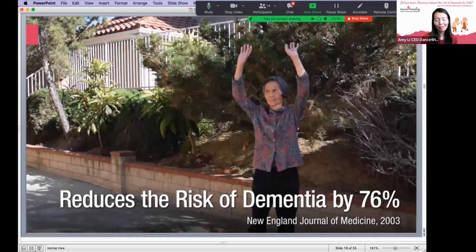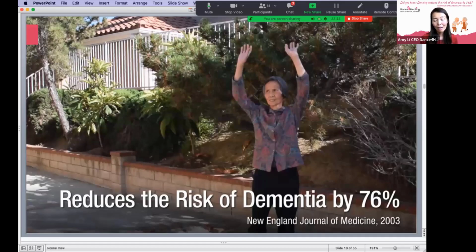In a split second, you have to transfer the signals to the right side of your brain, and your right brain has to use your arms and legs to count the same mathematical beats, but in an artistic, beautiful way, however your style is. That's an intentional amount of decision making on the fly, using both your left brain and right brain. That's why none of the other exercises show a result in reducing the risk of dementia, and dancing has that power.